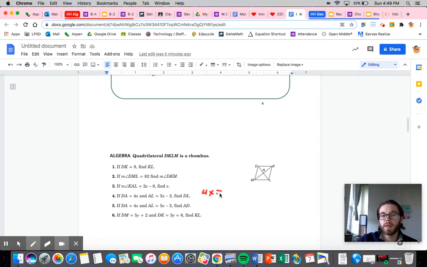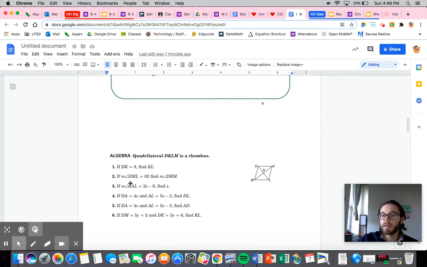So DA is equal to AL. All right, so x will equal 3. If I want DL, which is the whole thing, I would double one of these. So that would be 8x. 8x times 3 is 24. The whole thing is 24. And we can similarly do the rest of these as well.